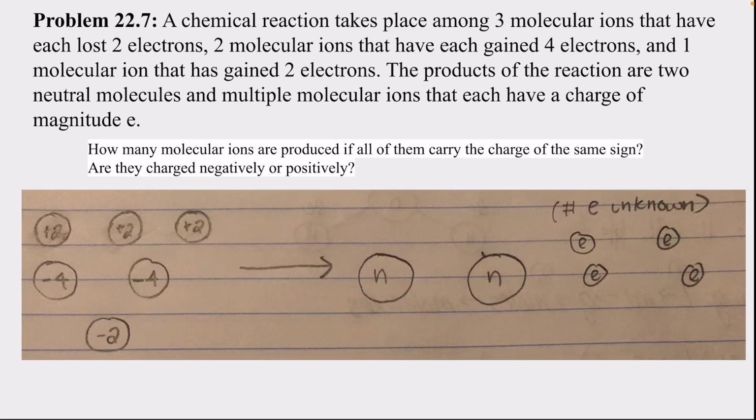And then the product is 2 neutral molecules, which just means an equal number of protons and electrons, and, we don't actually know yet, some amount of charged particles at the end. I have them as E there because the problem indicates that each one has a charge of magnitude E. So moving on with this setup, we'll be able to solve.